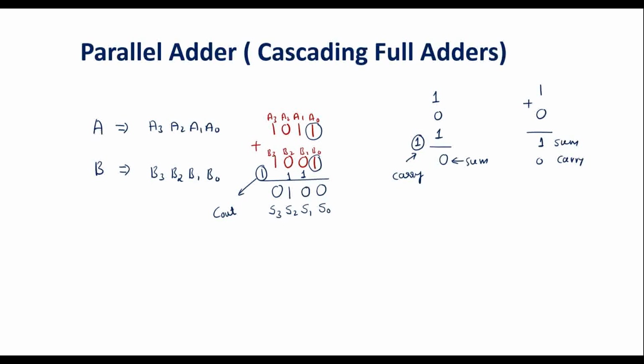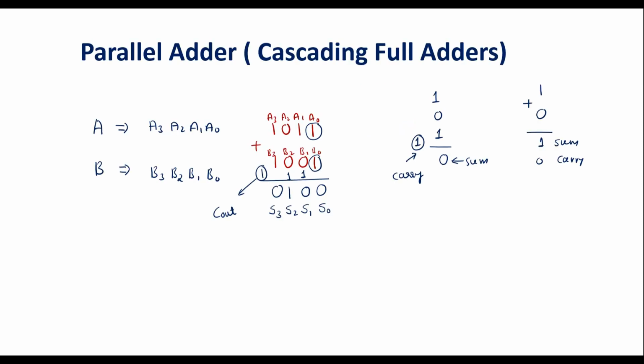Now let me represent the block diagram for this to add 4 binary bits. As I said, first I need one full adder circuit. So here I should add A0 with B0. I will call this full adder 1. Here one input is A0, another input is B0.